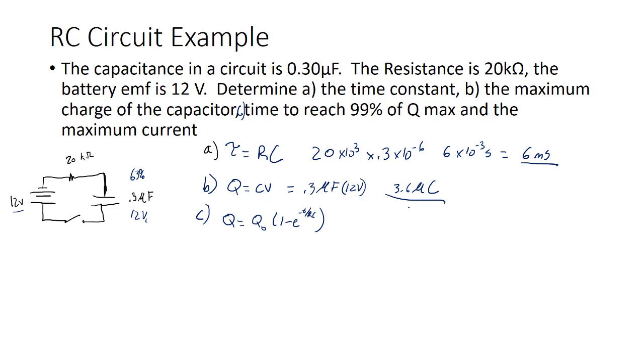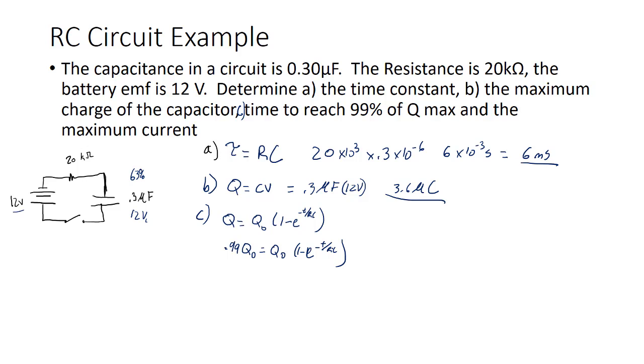This is 3.6 microcoulombs. What we're interested in finding is when Q is 0.99 Q naught. So I'm going to go ahead and rewrite this as 0.99, 99%. So 99% of Q naught is Q naught times 1 minus e to the negative t over RC.